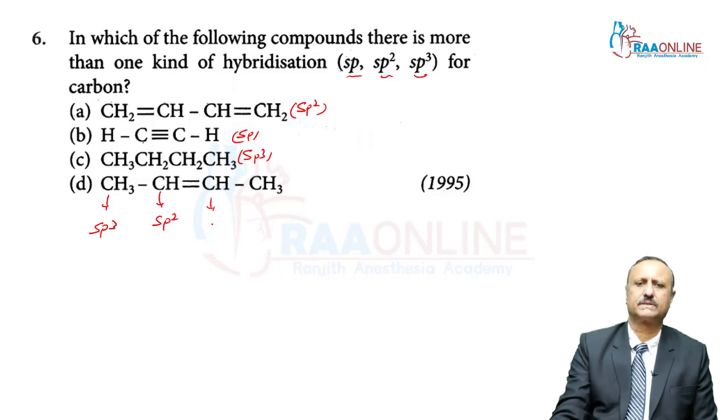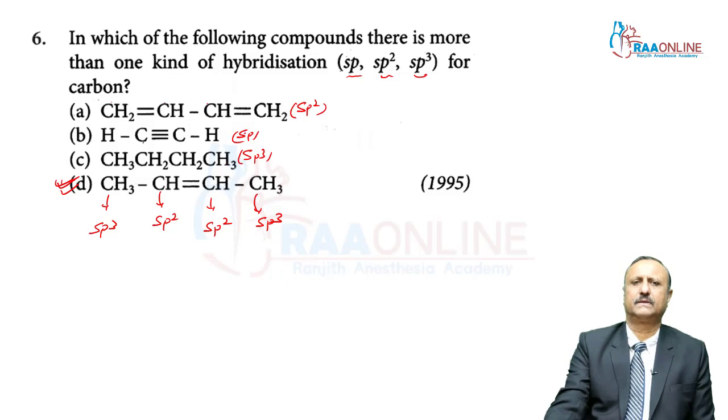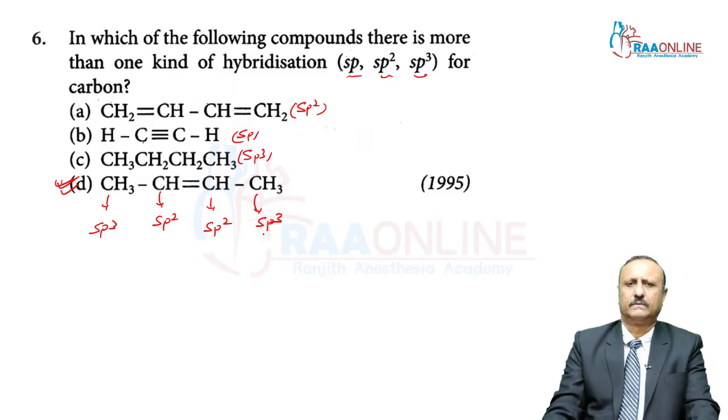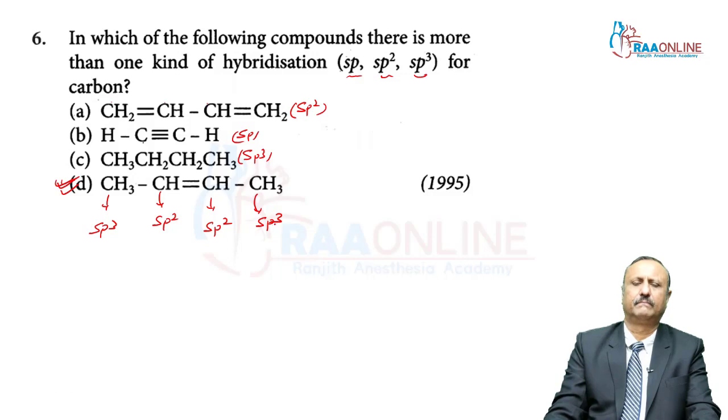Here my dear students, this carbon atom is sp2 and this carbon atom is sp3. So the answer is D, because the question asks for more than one kind of hybridization. In the other three options you get only one type of hybridization, sp2, sp, sp3. This question was asked in the NEET 1995 examination.